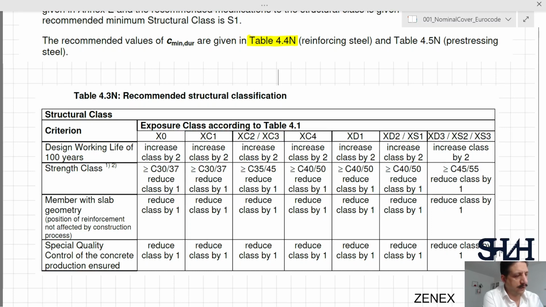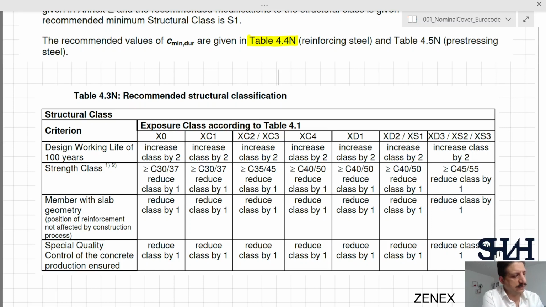Design working life of 100 years. Strength class. Member with a slab geometry. Position of reinforcement not affected by construction process. A special quality control of the concrete production ensured. For example, for the latest criterion, if we are concreting in the factory and not on the site, then we can have a very high quality or a special quality control for the manufacturing of the element.